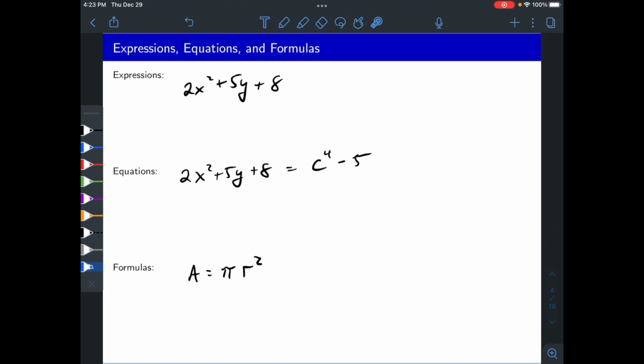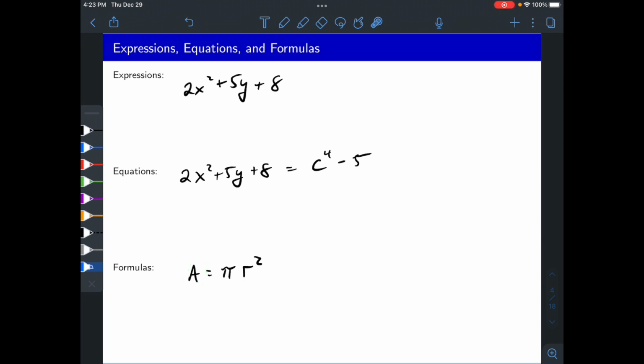So the only difference between a formula and an equation in practice is that formulas are used to figure out some unknown using values of other quantities. So if you want to know the area of a circle and you know the radius, then you can plug in the value of the radius and then figure out the area.